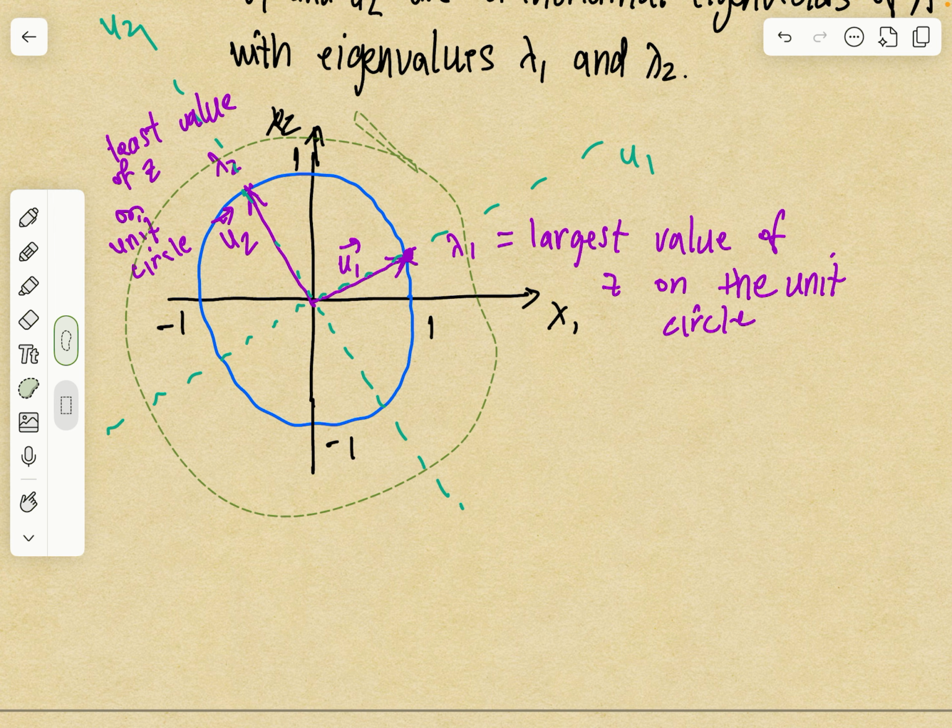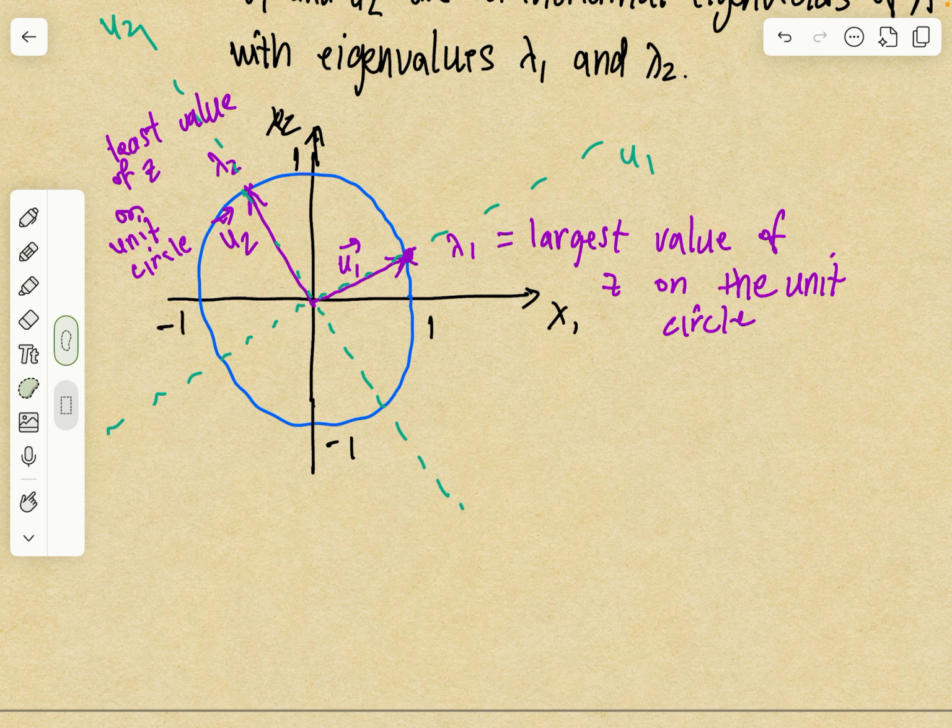The variance is the quadratic form. Now we're applying this fact about quadratic forms and this interpretation of the eigenvalues and eigenvectors of a quadratic form when restricted to the unit circle.